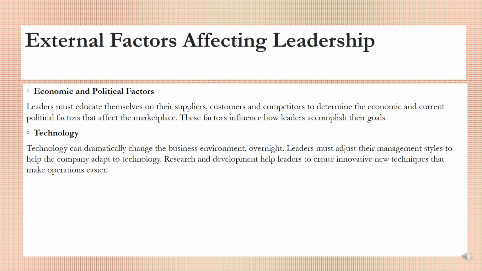Research and development help leaders to create innovative new techniques that make operations very easy. So these can be the external factors which can affect the leader in adopting certain policies for his followers.